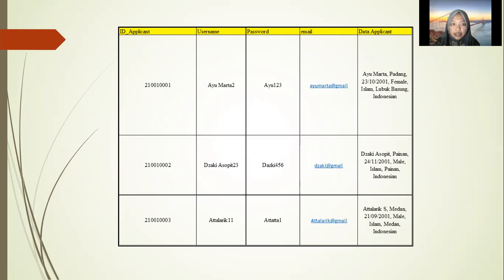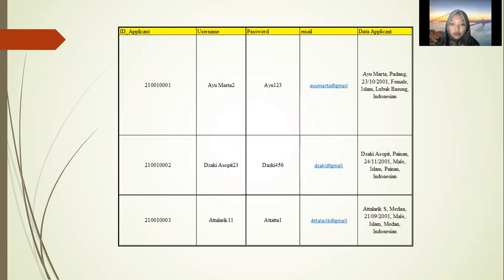In a table like this, a row has a repeating group, and it can cause errors when we insert, update, or delete that data.